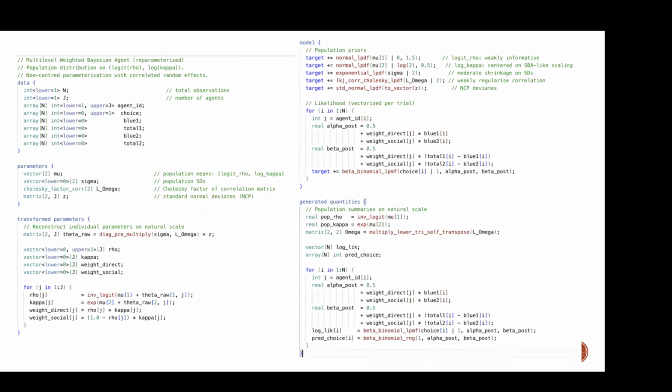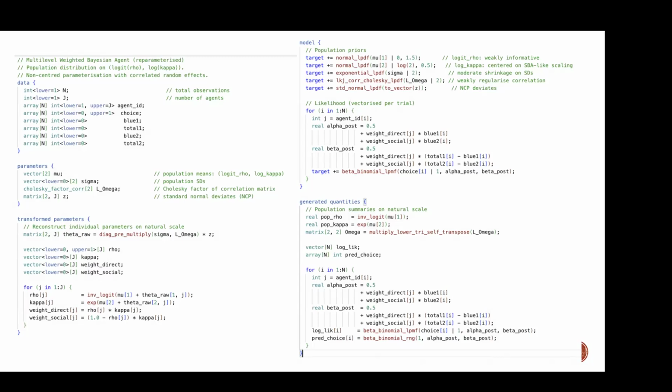And so the data is the same as in the multi-level simple Bayes. Now in the parameters, what I have is two mus, the population means for rho and kappa, two sigmas for the two. We have a correlation parameter, and then we have a normalized vector by participant that I called Z for making it very short.